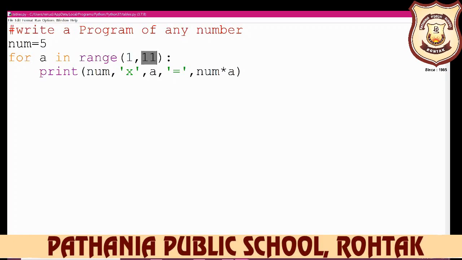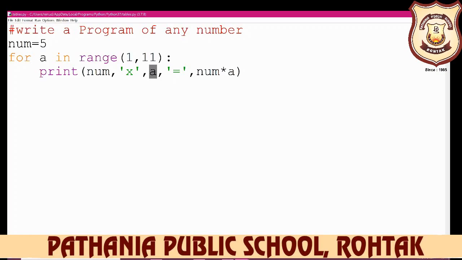And after that write the print function, and in the print function first you write num. What is num? Num is the number, and here our number is 5, and then comma, and then display a message. What is the message? Here the message is your multiplication sign, your star sign you can write here, or small x. After that you write comma a.